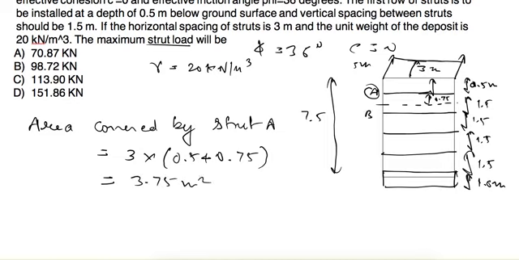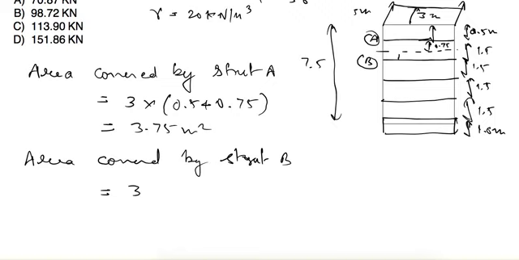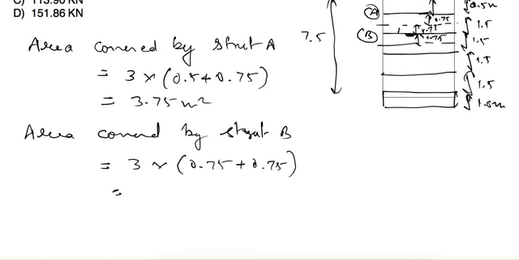And let's say this is B, and for this one and below this, for all of them, the area will be the same. So area covered by strut B is 3 into (0.75 plus 0.75). If we take this one, here it is 0.75 and here also it is 0.75. So this is equal to 4.5 meter square.